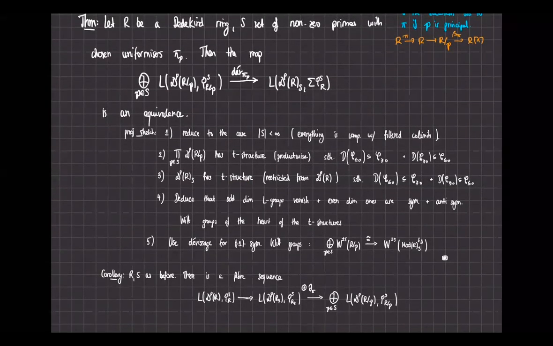Right. Am I doing this right? Yes, I think so. So what we then deduce is, I didn't spell out that step last time, but one of the consequences that we would obtain from this general result about L theory of stable categories with a T structure, which has some properties with the duality, will be that the odd dimensional L groups vanish, and the even dimensional L groups are just symmetric and anti-symmetric Witt groups of the respective halves of these T structures.